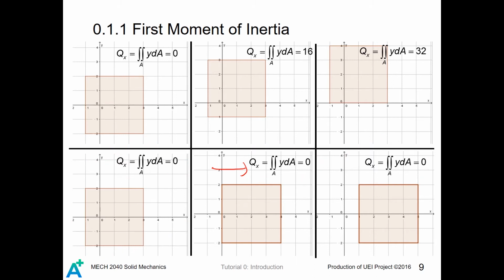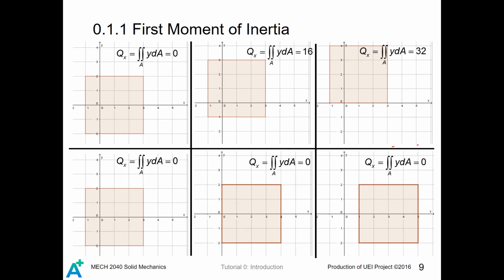Now, if we transform this area upward, then we can see the first moment of inertia increases. Let's try to understand the value of the first moment of inertia in a mathematical manner. As you can see, Qx equals the integral of the entire area y dA.